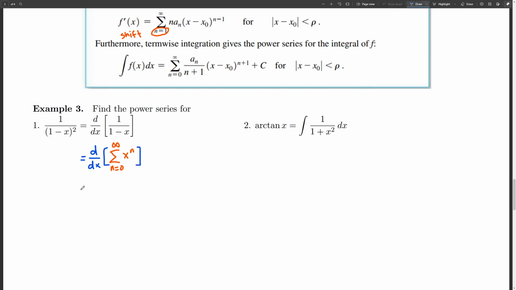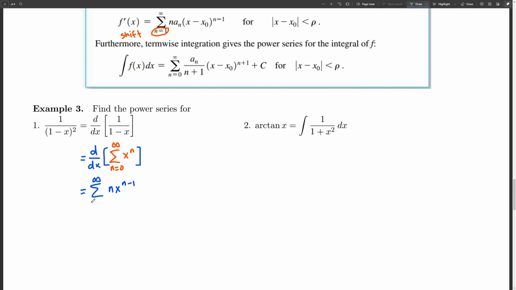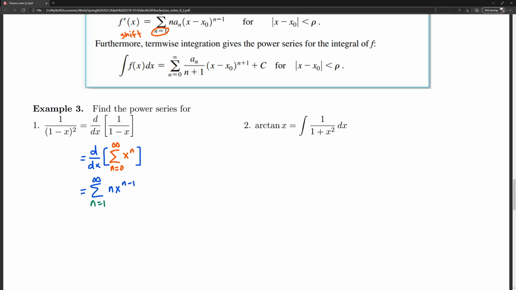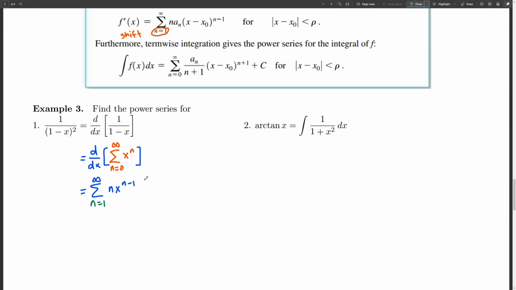And what we do there is we take the summation and we take the derivative of each of these terms. So that's n times x to the power n minus 1. And then the important thing to note is that we don't start at n equals 0, but we start at n equals 1. So that is our power series for 1 over (1 minus x) squared.